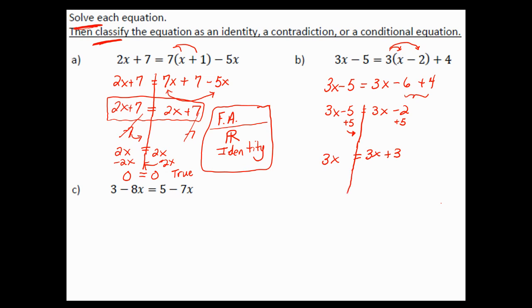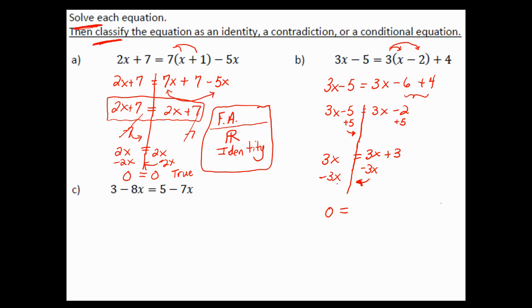Then I'm going to keep going because remember I want the x's ending up on this side, right? So if I pop the number over to the right, I'm going to pop the letter over to the left, so minus 3x. And then 3x's minus 3x's, that would be 0. Don't say 1x because that's not true. 3x minus 2x would be 1x.